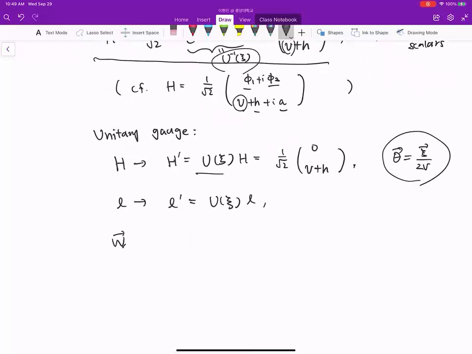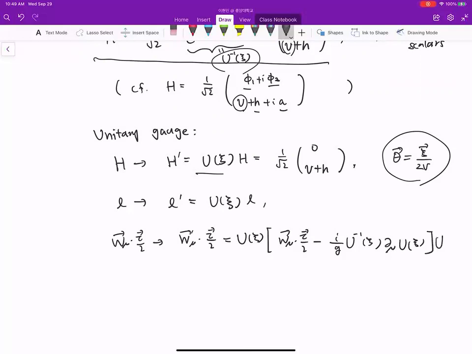And the SU2 gauge field transforms with a specific transformation for the SU2.